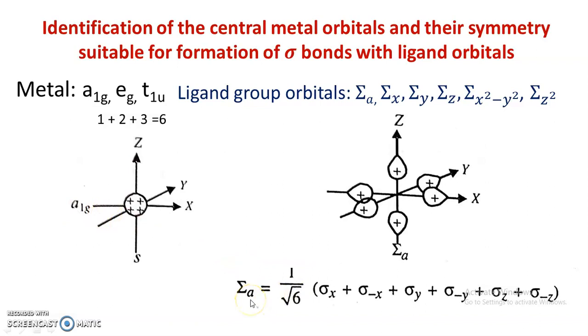So this summation A is equal to 1 by root 6 into sigma x. Actually this lobe has positive sign wave function, therefore this positive sigma x plus, now this plus sign is for positive lobe oriented along the positive end of this x-axis, plus sigma negative x.